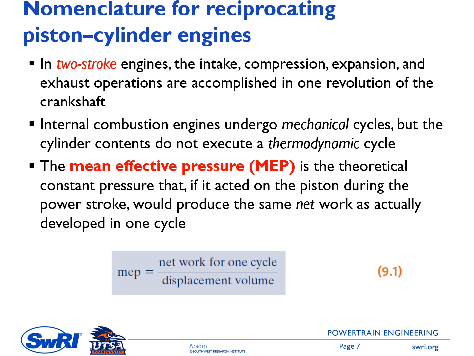So we have intake stroke, compression stroke, power stroke, and exhaust stroke. And this is the formula to estimate MEP, formula 9.1. So MEP equals net work for one cycle over displacement volume. This is because the piston moves from top center to bottom center.